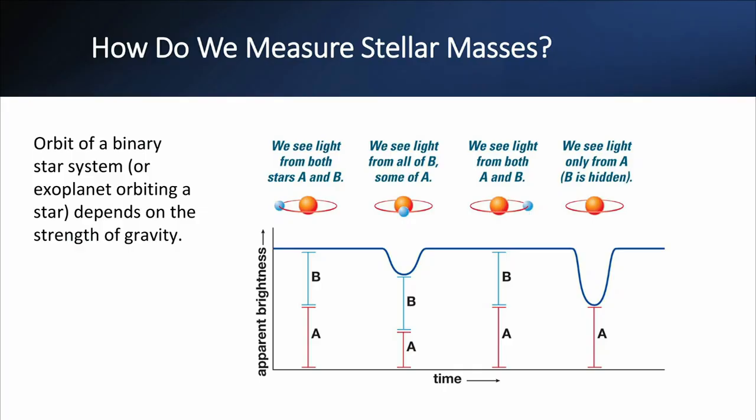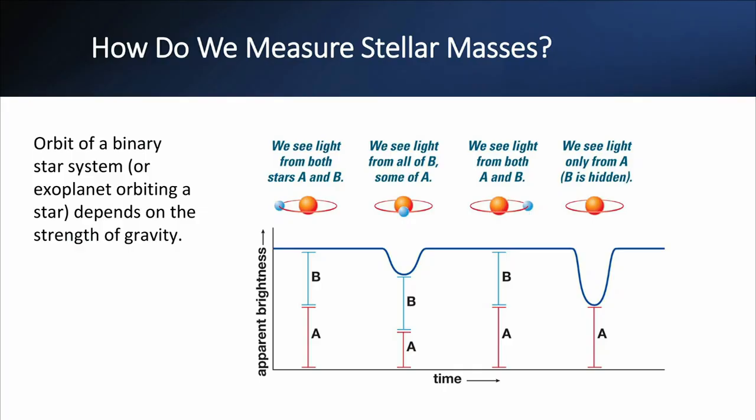When the two stars are next to each other, viewed from the Earth, we're getting the light output from both stars, and that's the most light you're going to get. If one star passes in front of the other, now we're getting all of the light from star B, but not all the light from star A because it's getting blocked by star B. So the light output dips a little bit, then we go back to max brightness, and then when star B is behind star A, we're only seeing star A and not star B, so we get another dip.